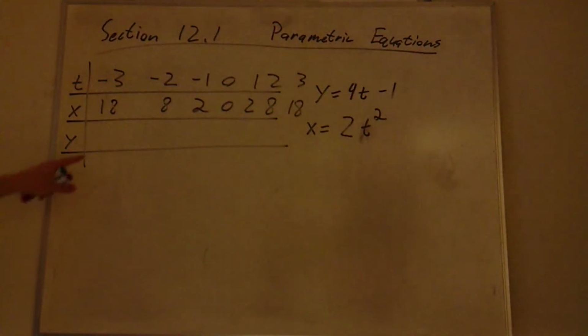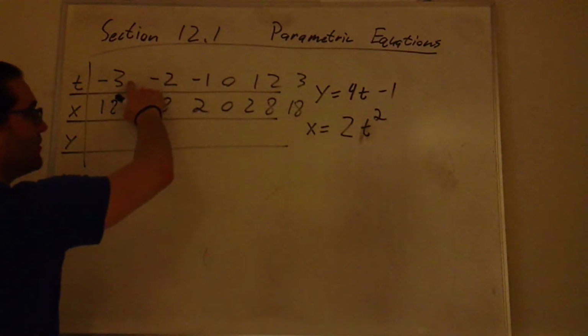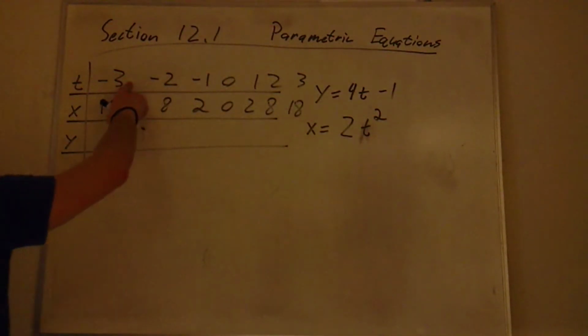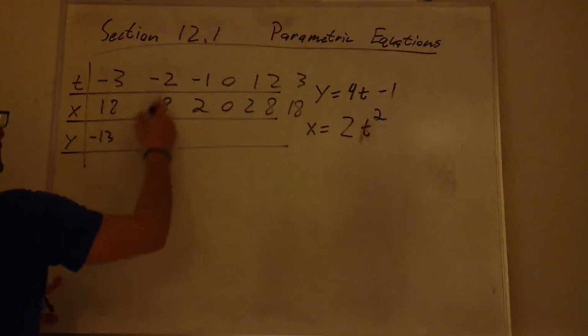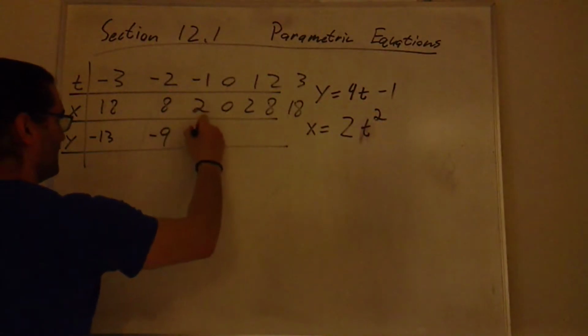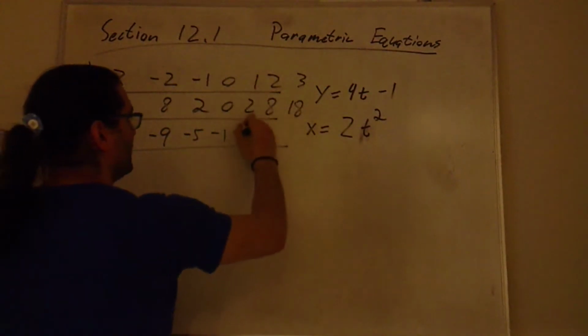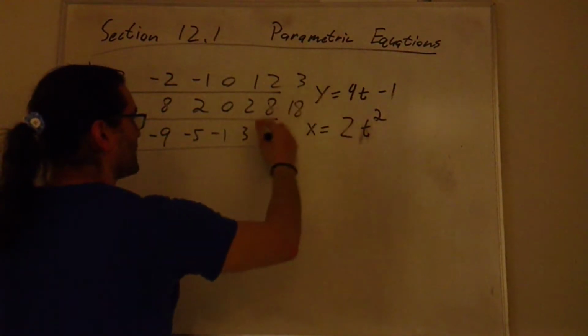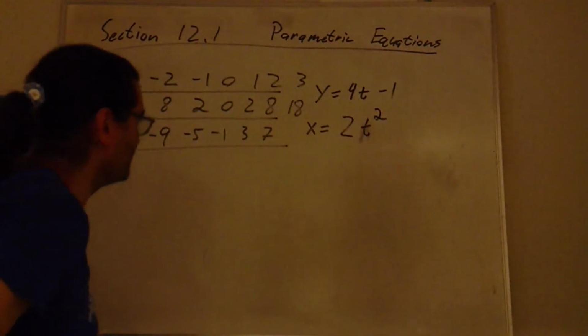Now I need some y values. Y values are going to look like this number multiplied by 4 and subtracted 1. So negative 13 for the first one, negative 9, negative 5, negative 1, 3, 7, and I really need more space over here.